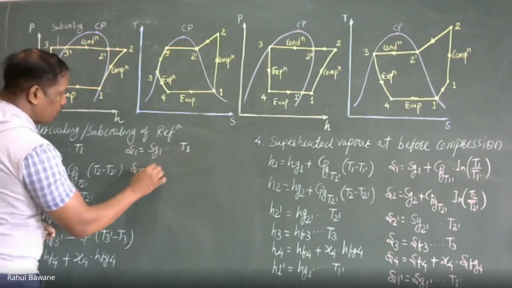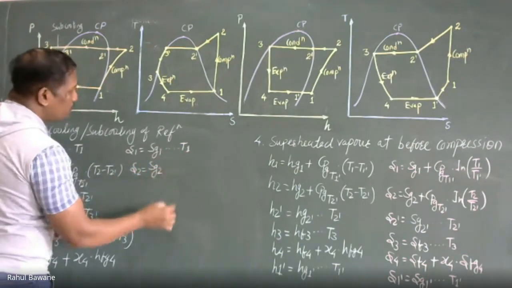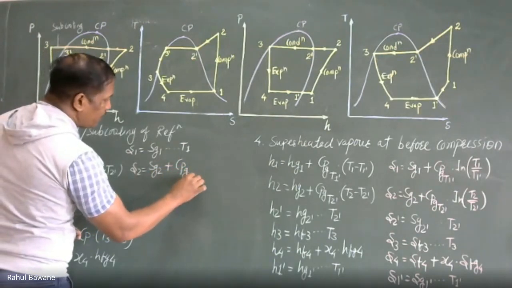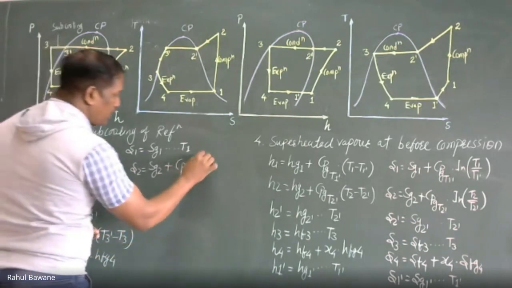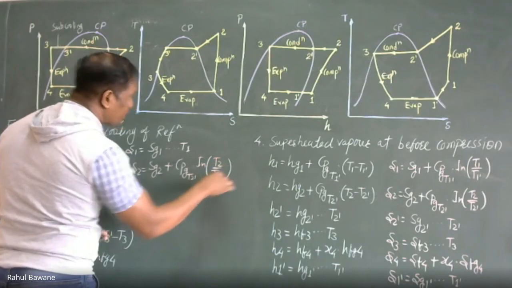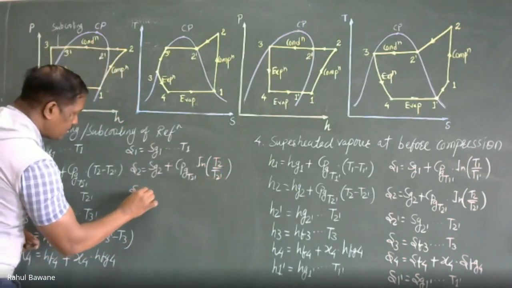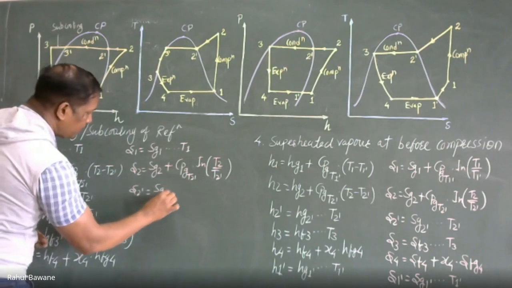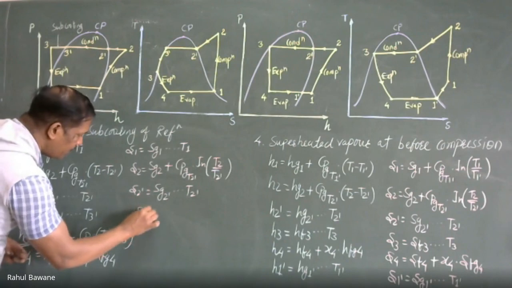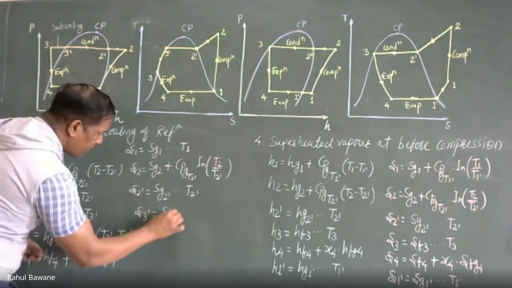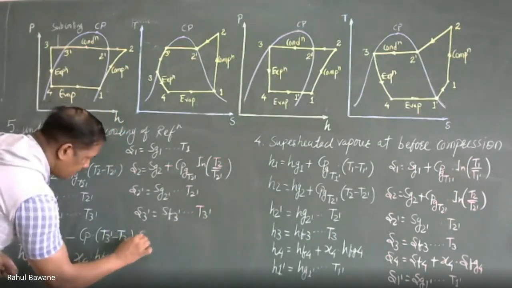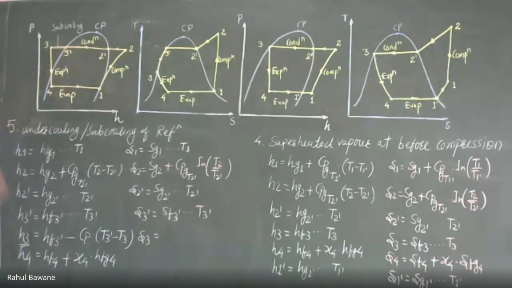S2 is Sg2 plus Cpg at T2' ln of T2 upon T2'. S2' will be Sg2' at temperature T2'. S3' will be Sf3' at temperature T3'. Then S3, the subcool point.